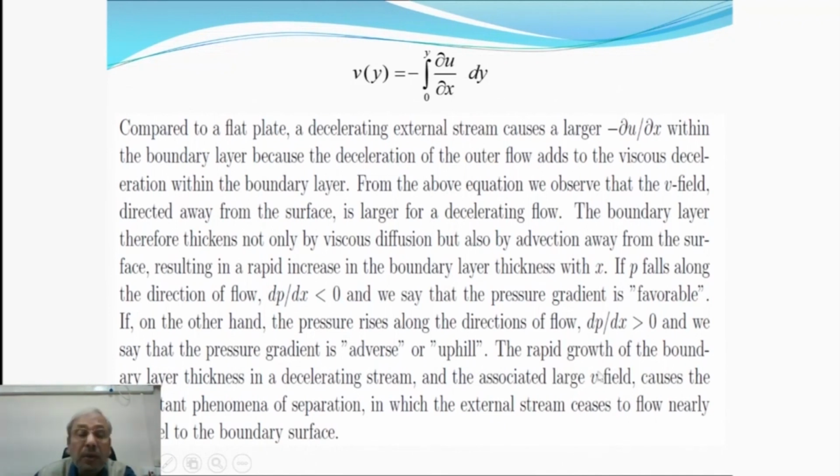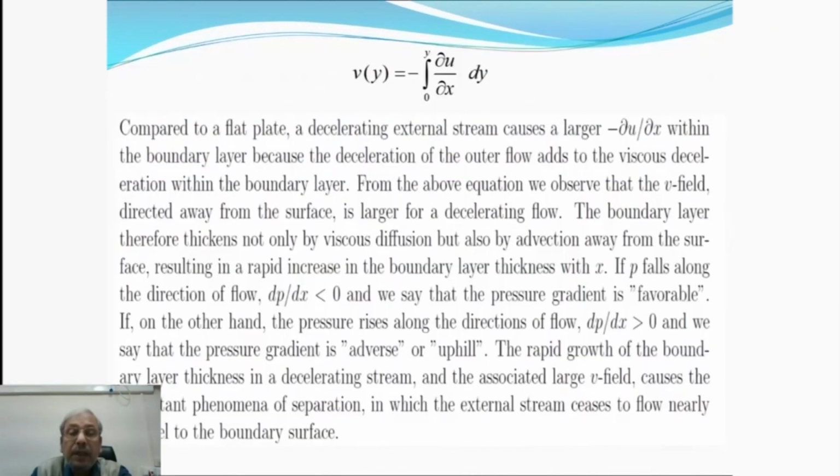The rapid growth of the boundary layer thickness in a decelerating stream and the associated large V field cause the important phenomenon of separation, in which the external stream ceases to flow nearly parallel to the boundary surface.